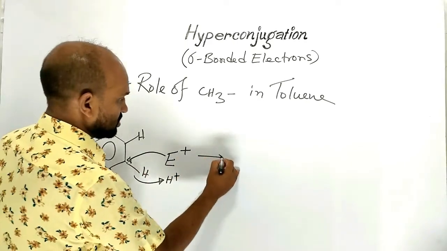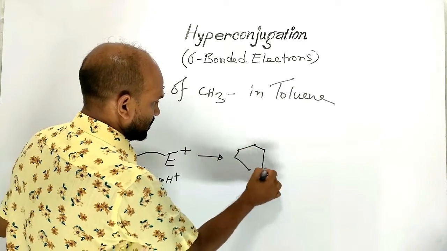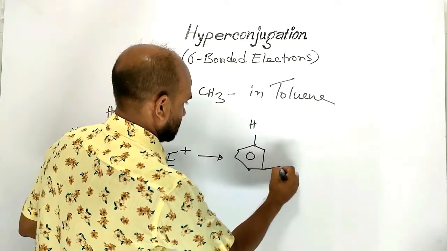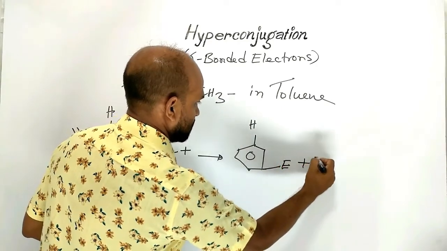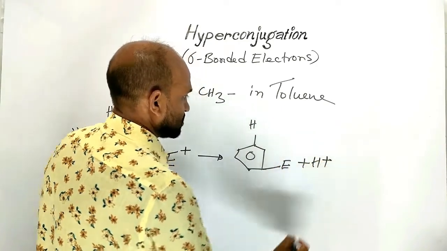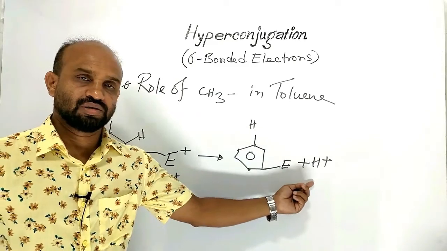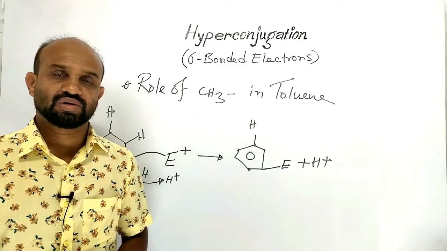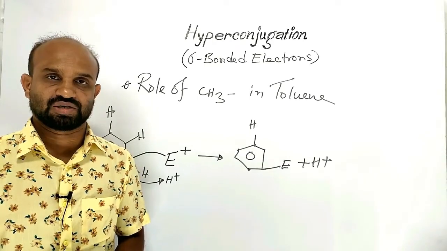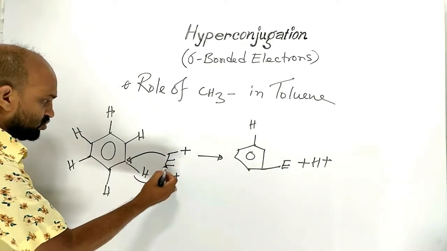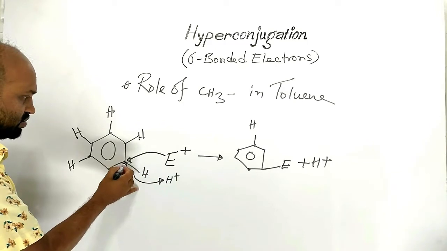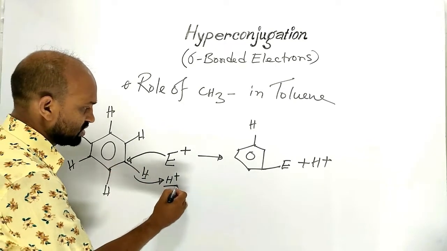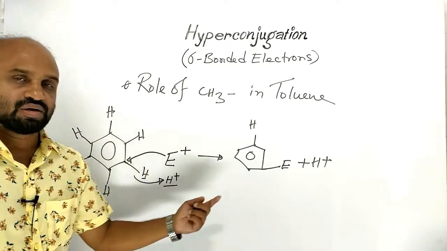That is, here this is obtained: electrophile plus proton. Benzene basically undergoes electrophilic substitution reaction. The electrophile combines with benzene and this hydrogen gets freed as a proton.